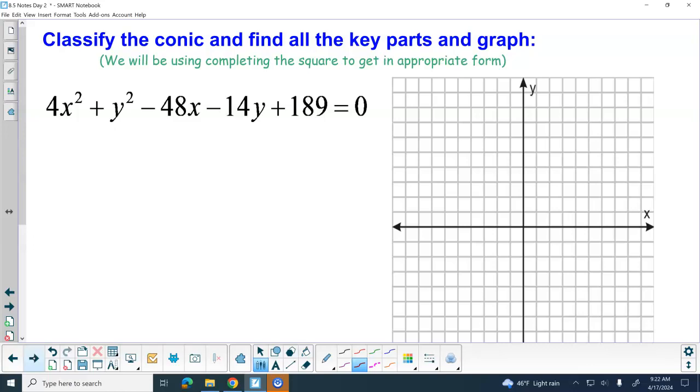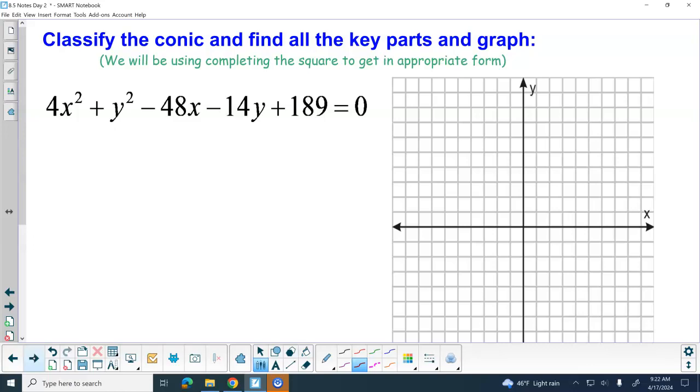So first off, we need to figure out what kind of a conic this is. We have 2 squared variables and they're not the same, and we're adding the squared terms. We have 2 squared terms, so that eliminates parabola.